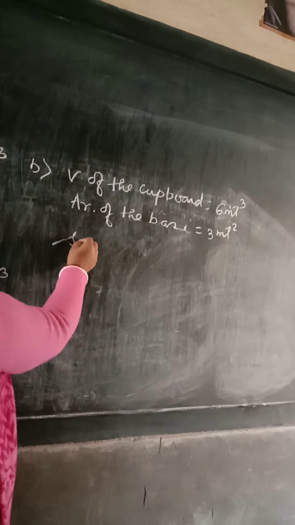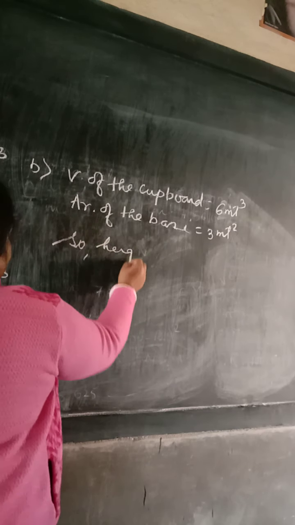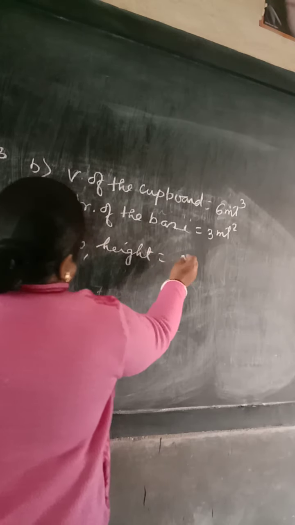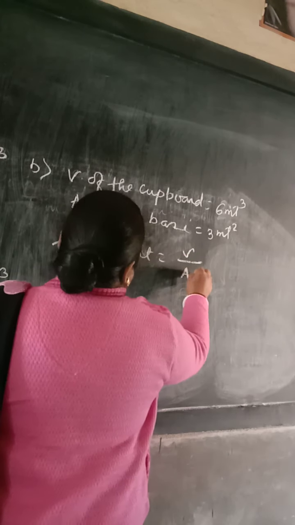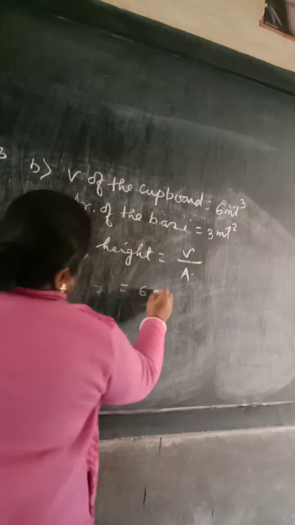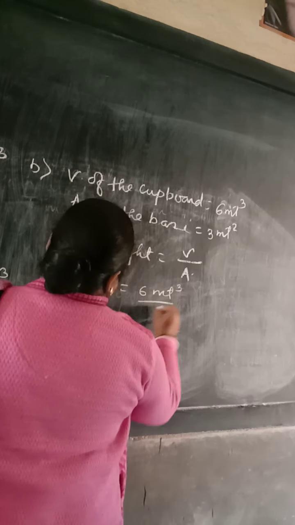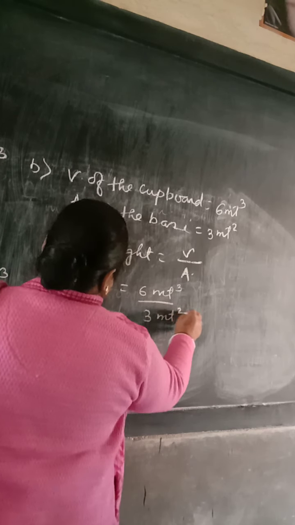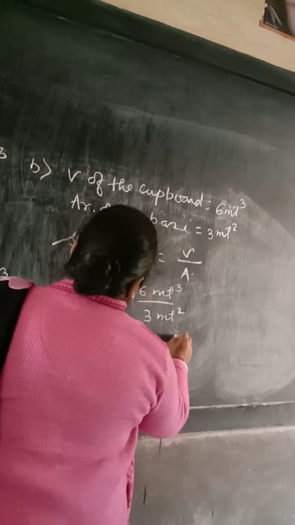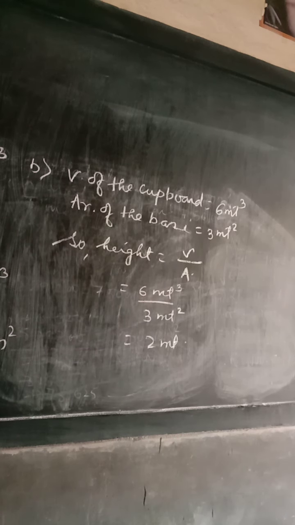So height would be volume divided by area. So 6 meter cube divided by 3 meters square is equal to 2 meter. This would be the height.